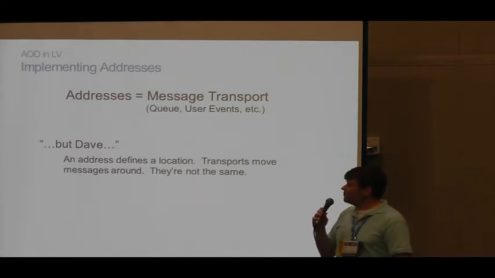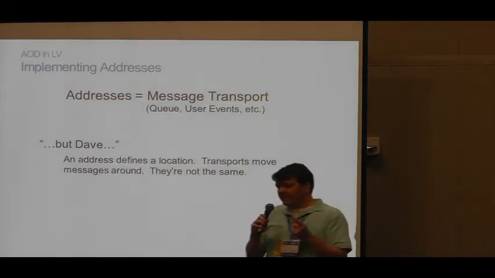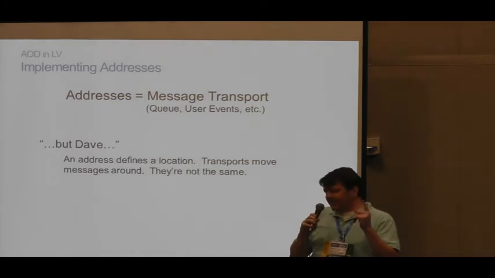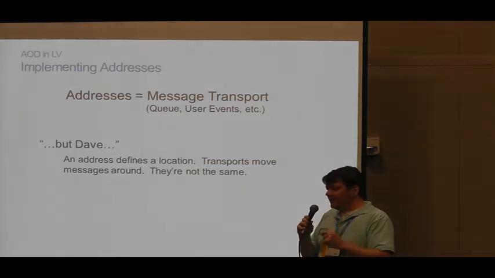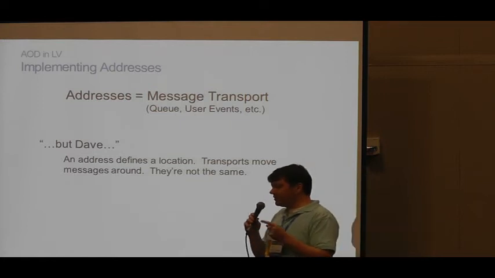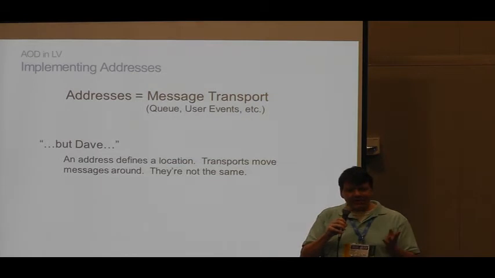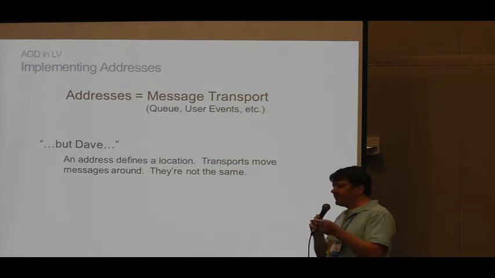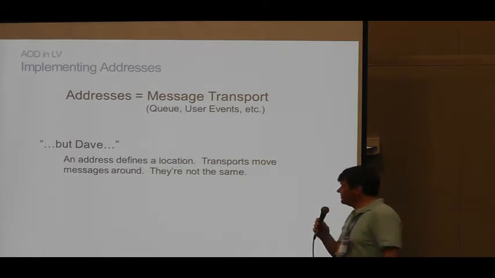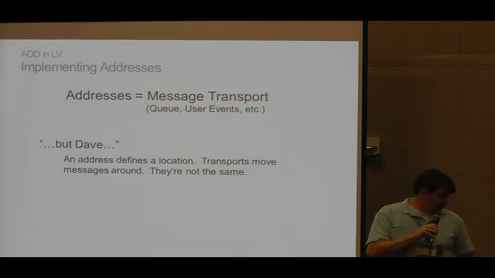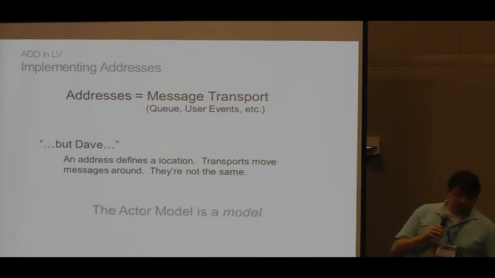And I can practically guarantee you that someone out there is saying, now wait a minute, Dave, an address defines a location, but a transport moves something around. They're not the same thing. How do you work that out? And I'll bet somebody's thinking that because that's the same thing I thought. My answer to that is, the model is a model.